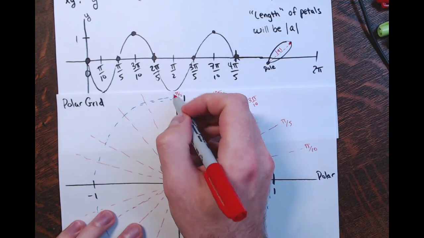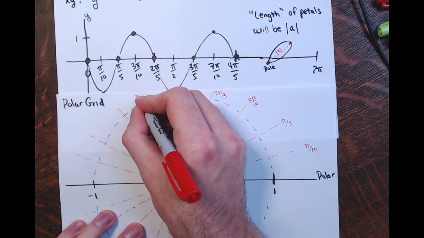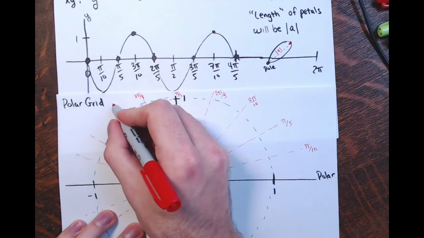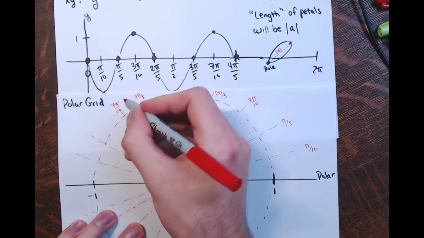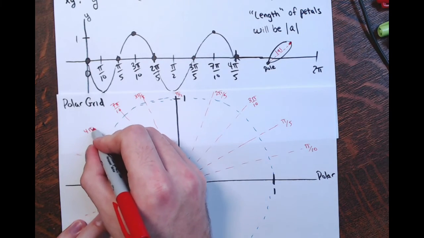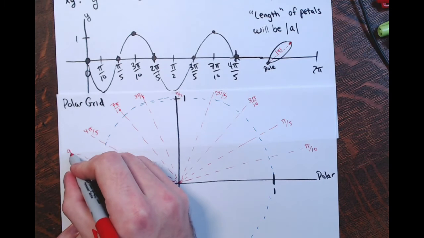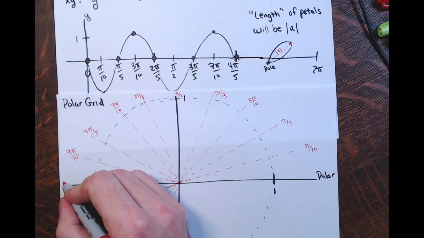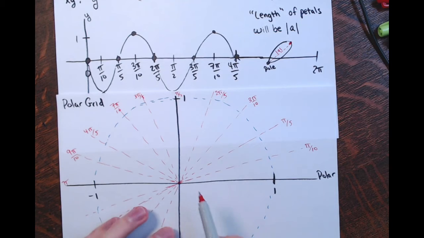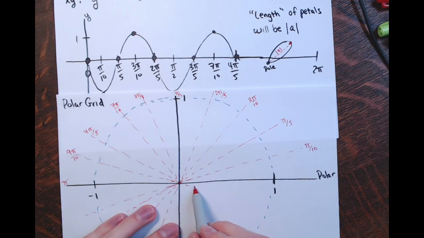And then here, this would be 6 pi over 10, 7 pi over 10, 8 pi over 10, 9 pi over 10, and then 10 pi over 10 is pi. And then just extending these lines over here.